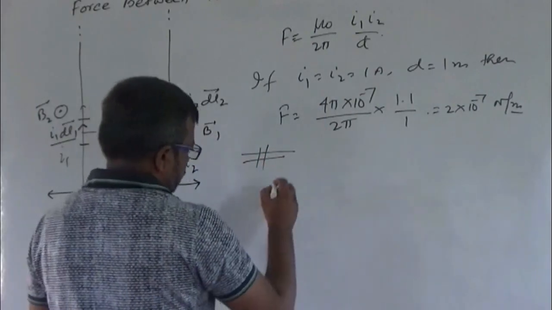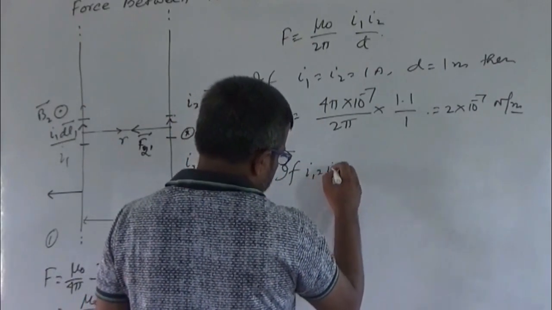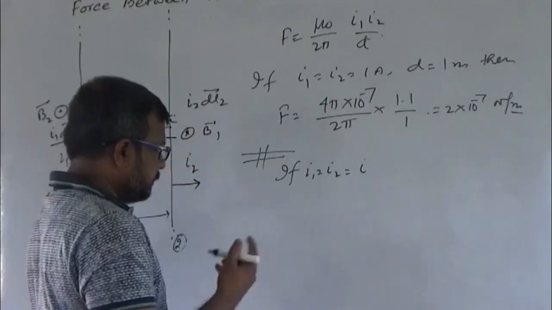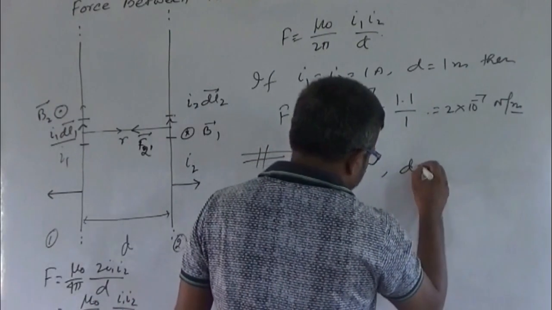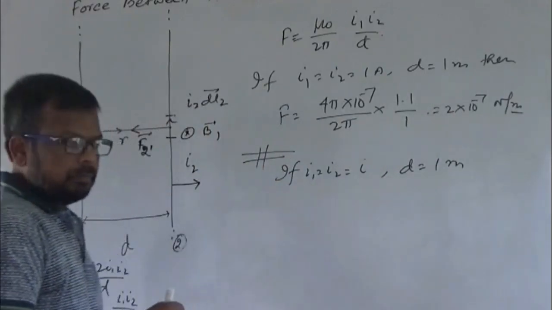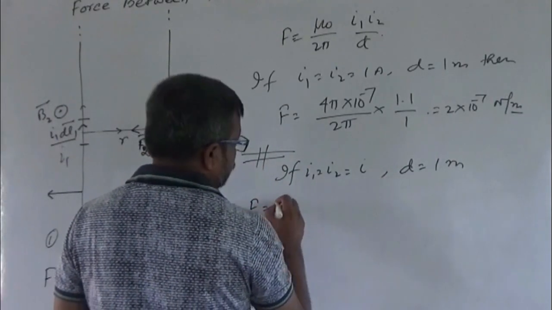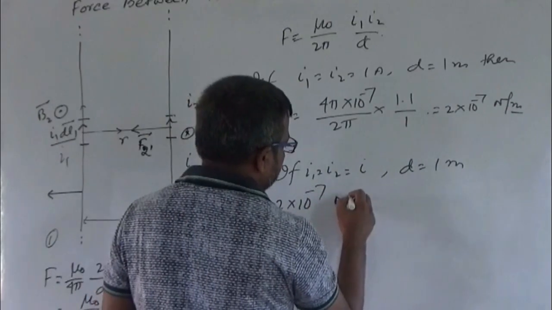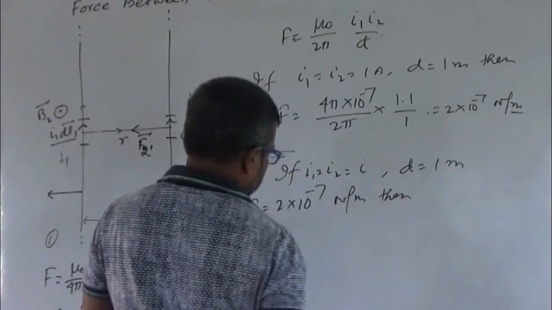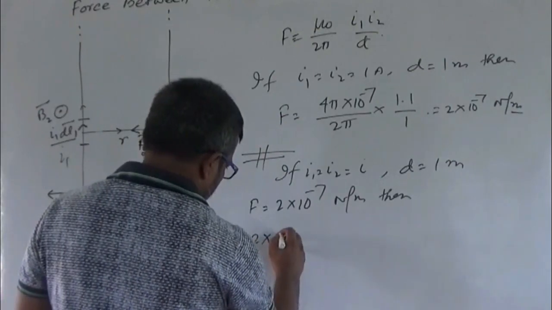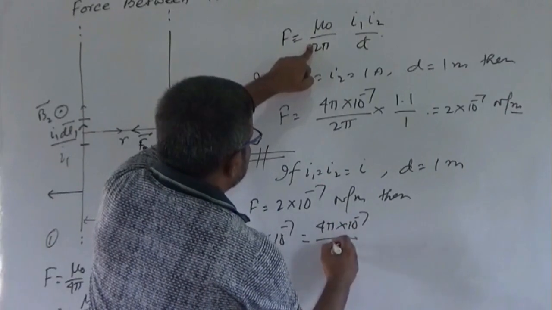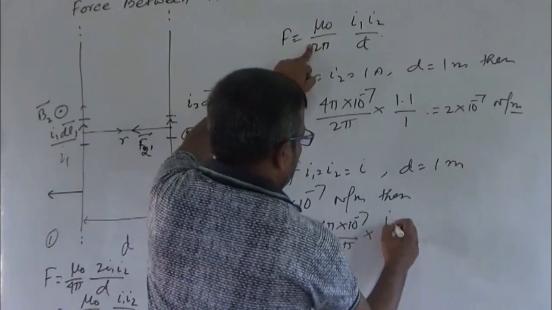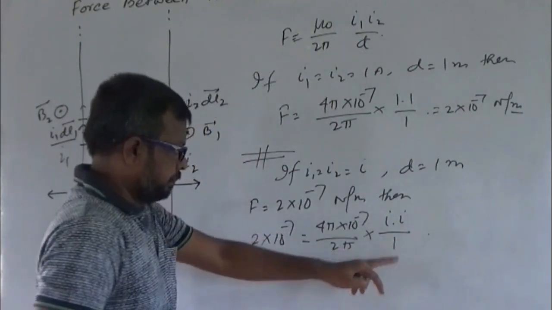Now reverse these things. That means if I1 is equal to I2 is equal to I, that means the same amount of current flowing through the two conductors separated by a distance of 1 meter experiences a force of 2 into 10 to the power minus 7 newton per meter, then we get 2 into 10 to the power minus 7 is equal to 4 pi into 10 to the power minus 7 by 2 pi into I square divided by 1.